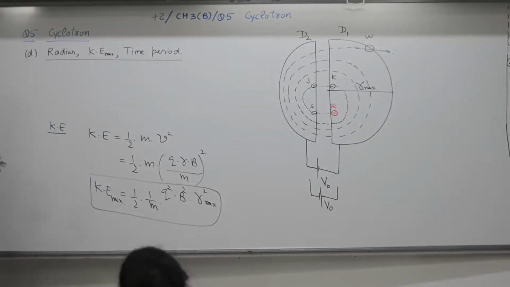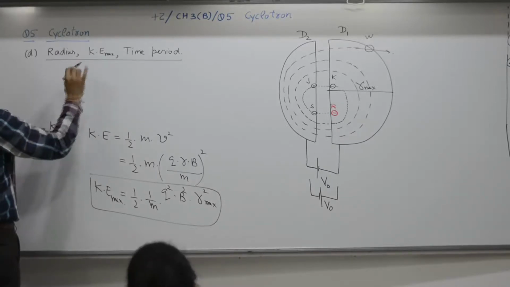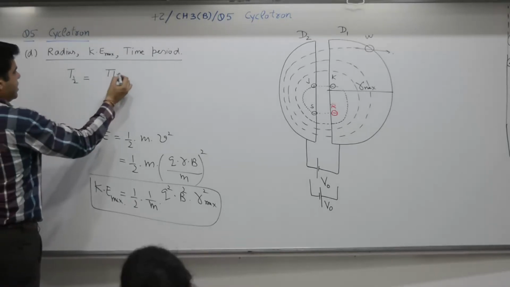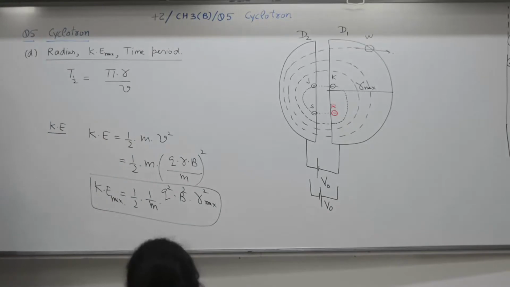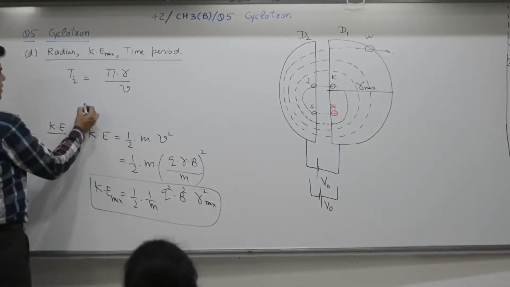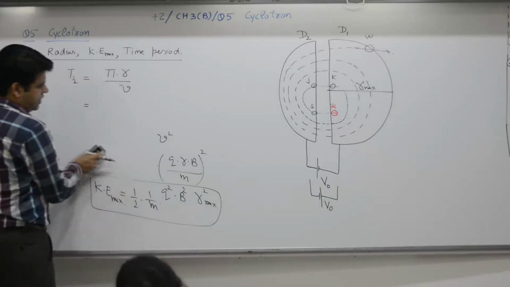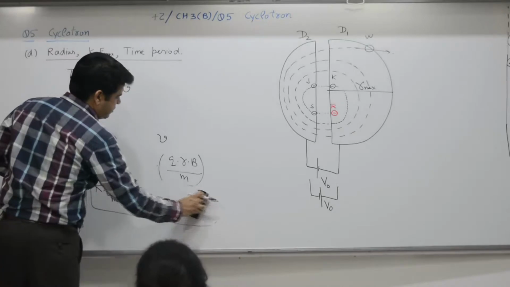Time of stay in half of the disk. Distance covered is how much? Pi r divided by speed. Write the value for V. In the previous question, V was equal to what?